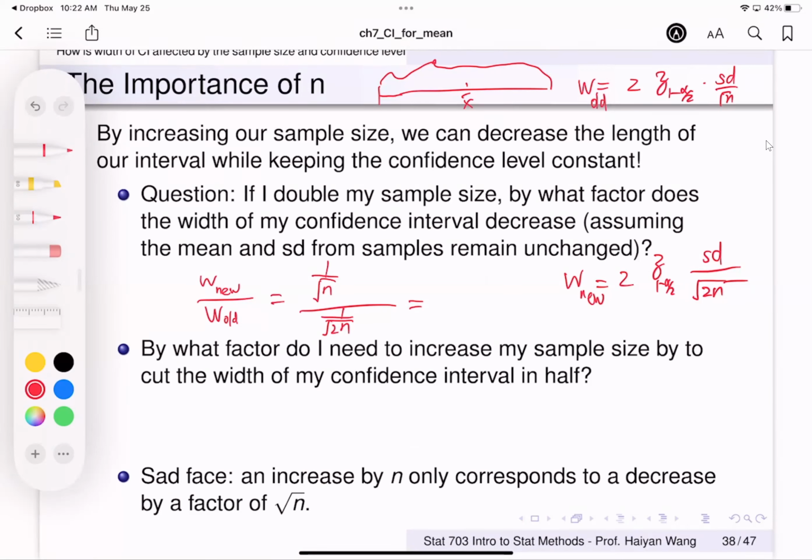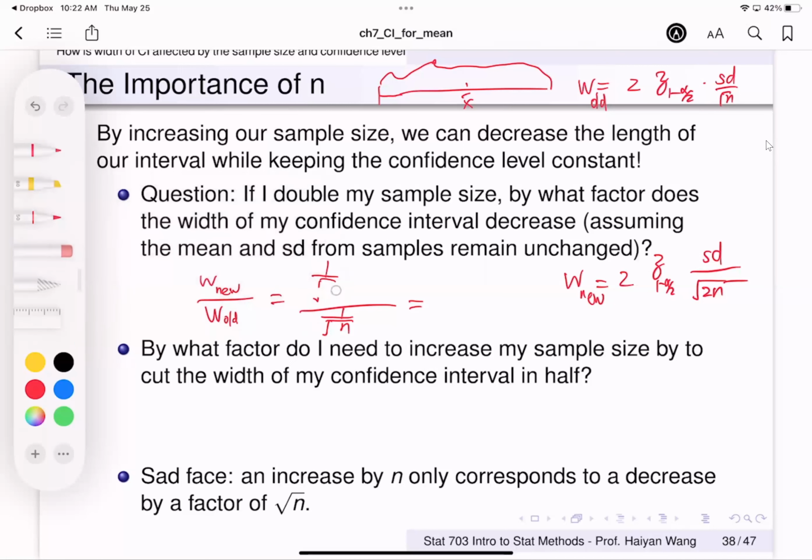let's see, when we have a square root of 2n there, yeah, this new width would be shorter. Oh, I'm sorry. Yes, the 2n is on top, and the denominator is the old one that does not have the 2.